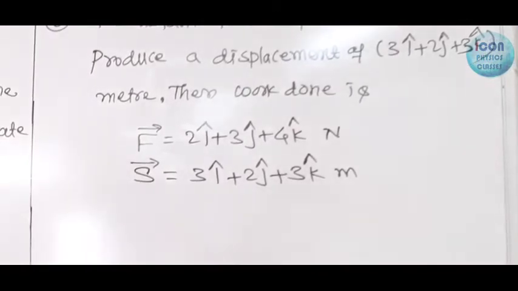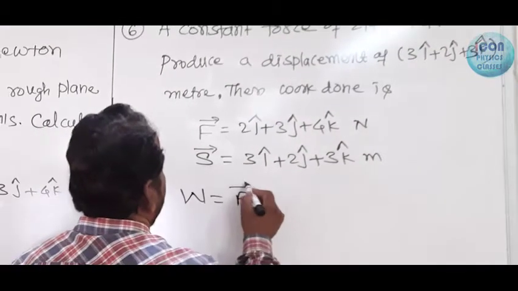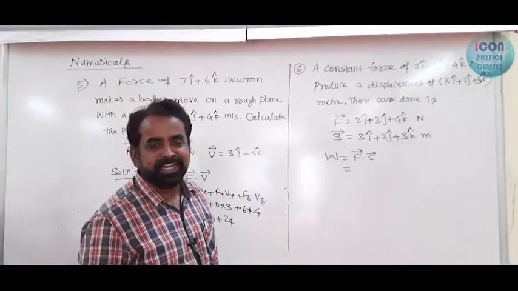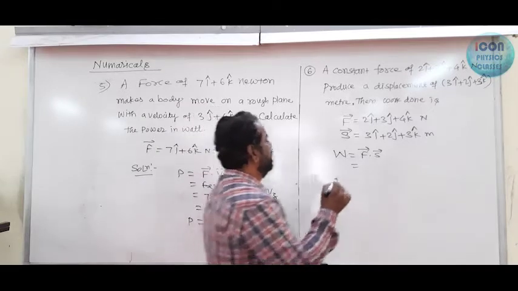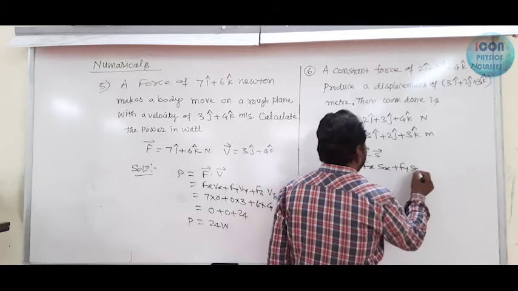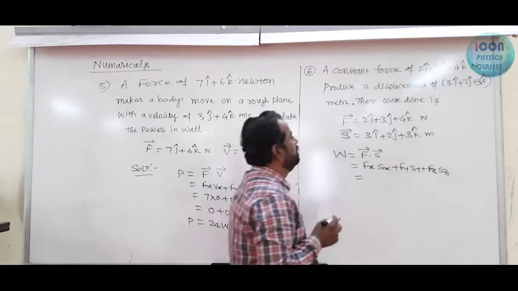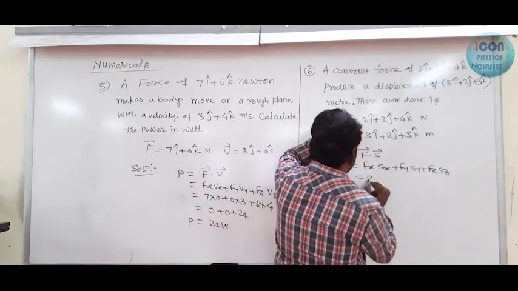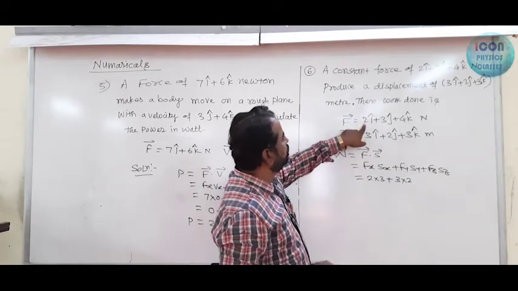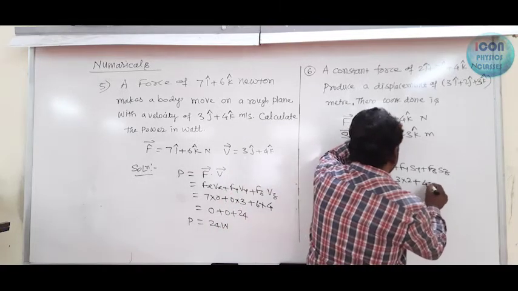Work done is the dot product of force and displacement. See here, F dot S, work done is equal to force into displacement, and that is Fx Sx plus Fy Sy plus Fz Sz, which is 2 into 3 plus 3 into 2 plus 4 into 3.